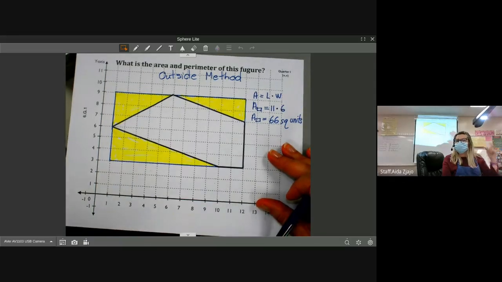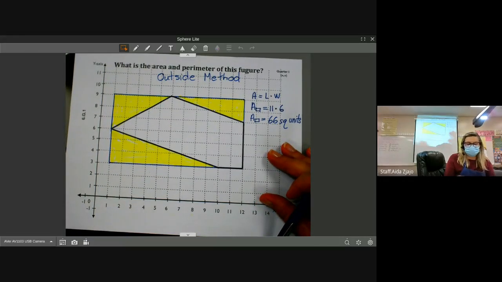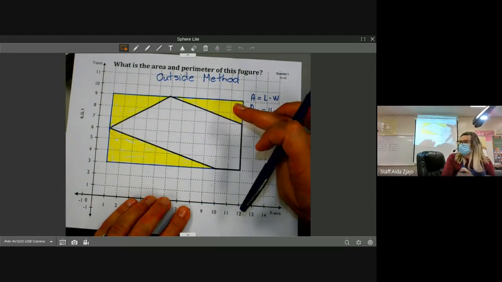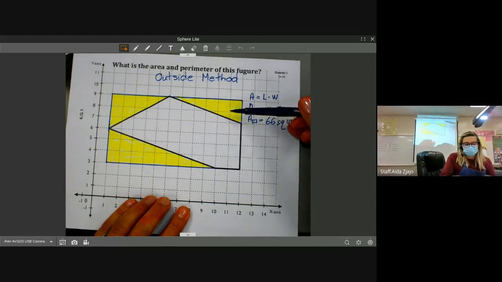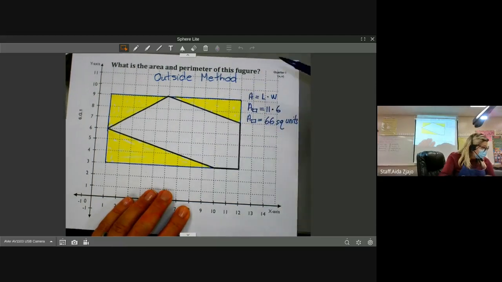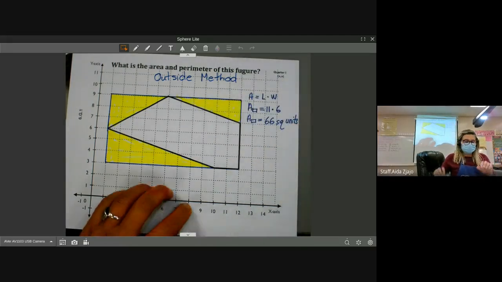It's the same strategy you used in the inside method. When you have a triangle, what do you need to do? Riley, what do we need to do if we have a triangle? Kevin? Rectangle, say rectangle.